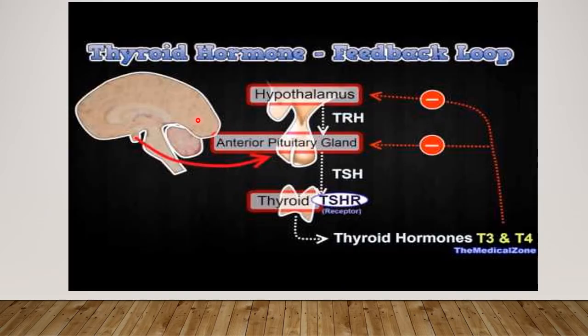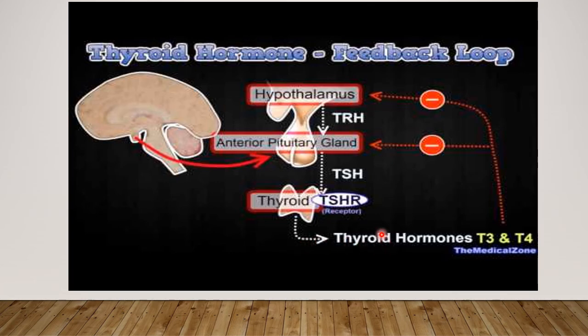Under normal circumstances, the hypothalamus releases the TRH, which stimulates the anterior pituitary gland to release the thyroid stimulating hormone, or the TSH, which then stimulates the thyroid gland to release its hormones, the thyroid hormones T3 and T4.